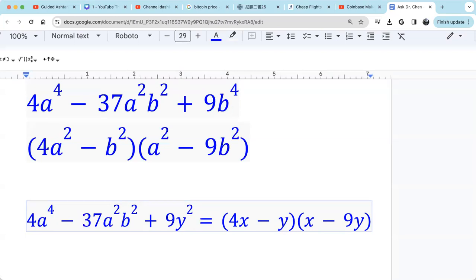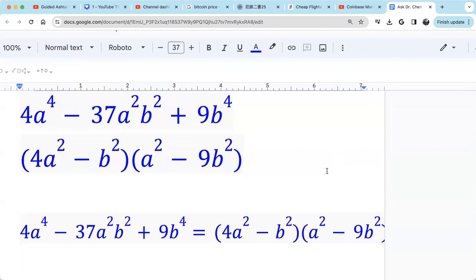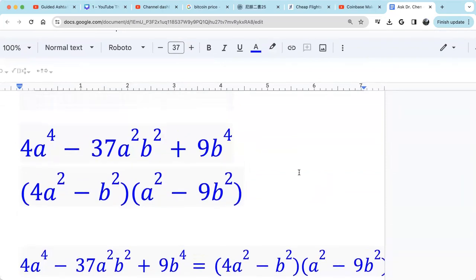Then b squared squared becomes b to the fourth power. Same thing here, changing x to be a squared and y to be b squared. Okay, so that's how to make an easier version.